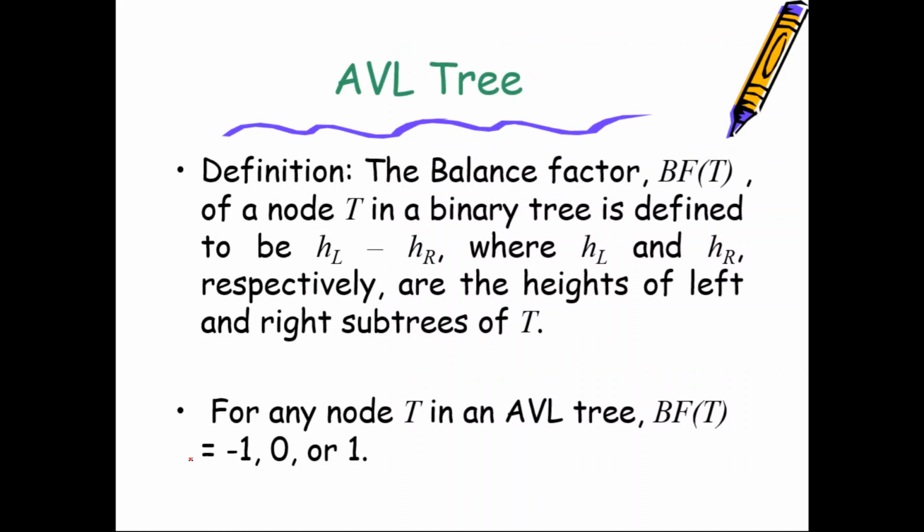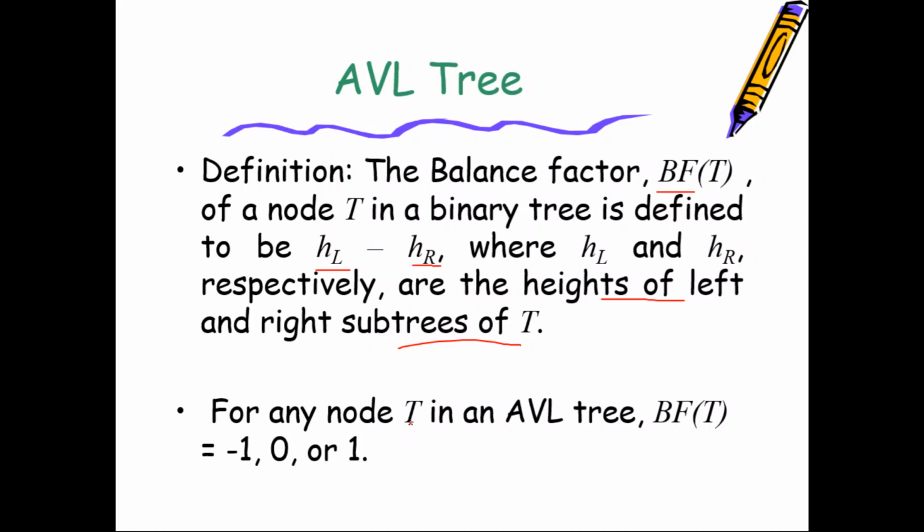So what is the balance factor? The balance factor for a node T in a binary tree is defined to be HL minus HR, where HL and HR are respectively the heights of the left and right subtrees of T. This is how we define the AVL tree.